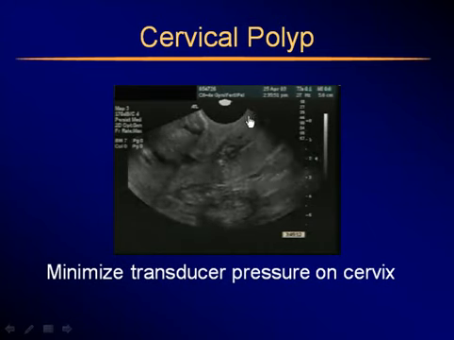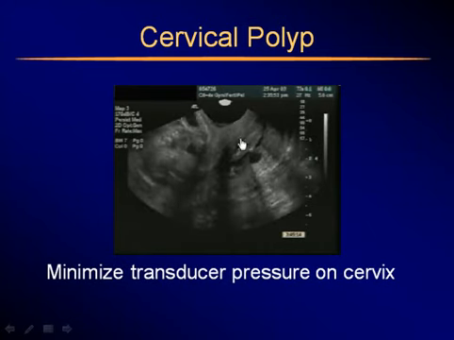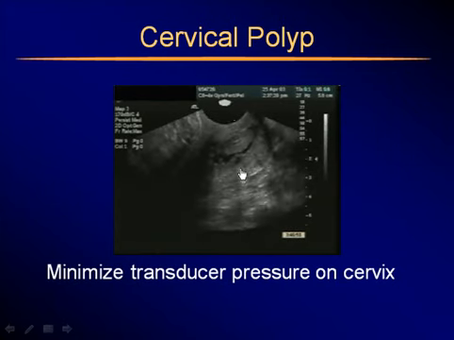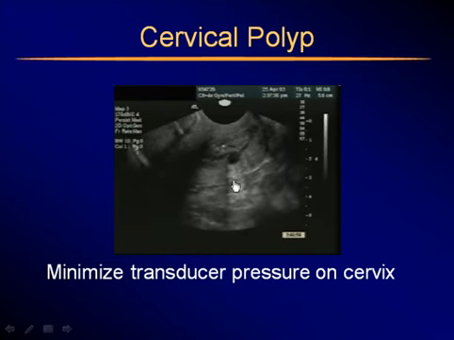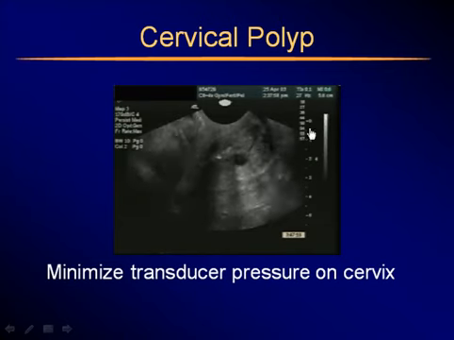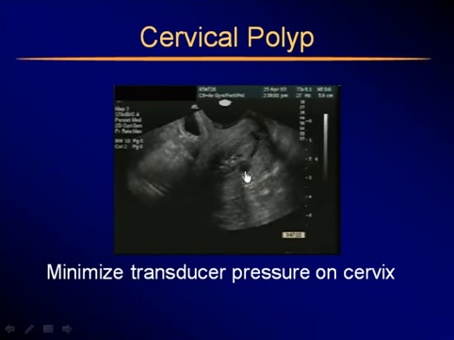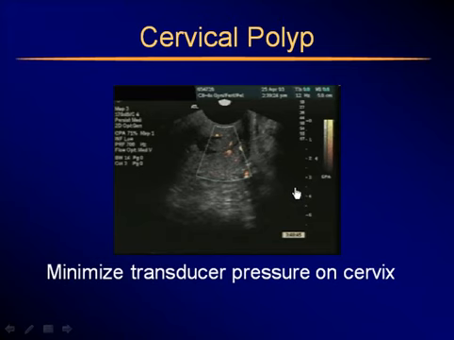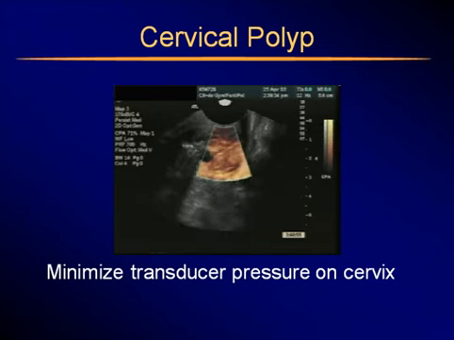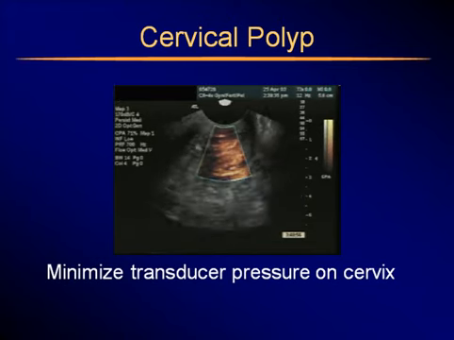One little technical point would be to watch the pressure on the cervix. Sometimes we press too hard and we can't see the polyp. It's only after we release some of that pressure that we allow a little bit of the fluid to come around the polyp, and then we can delineate it. Here we're seeing power Doppler.